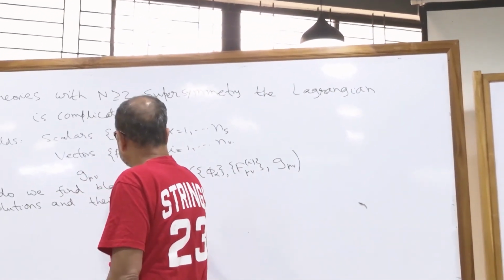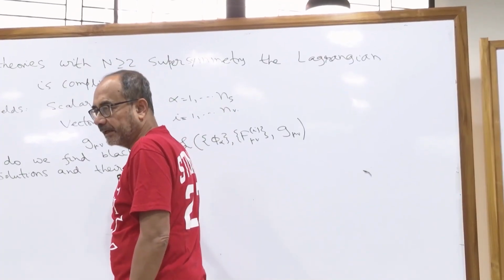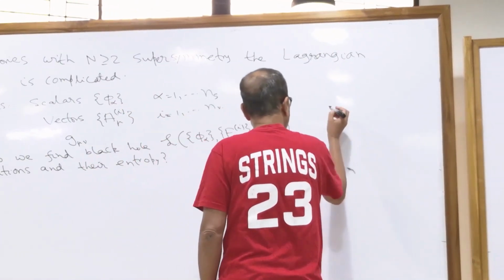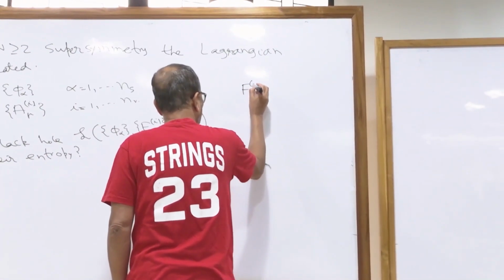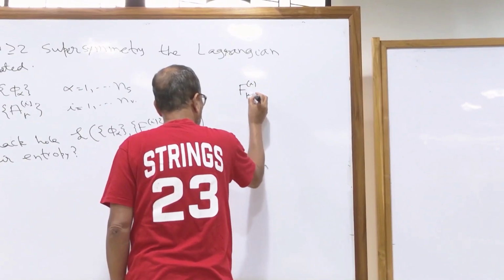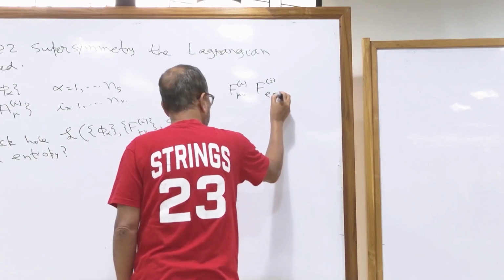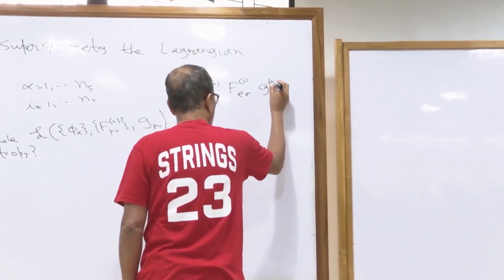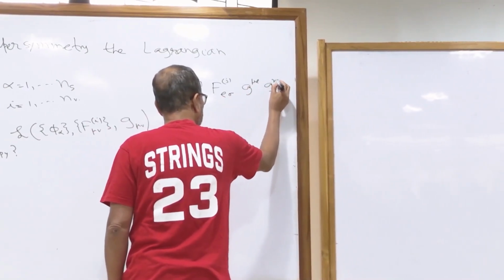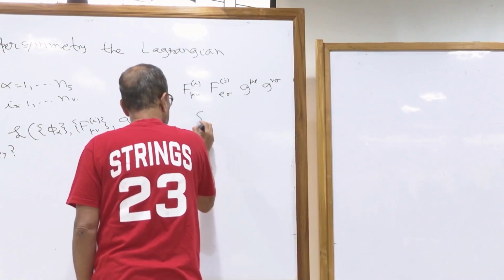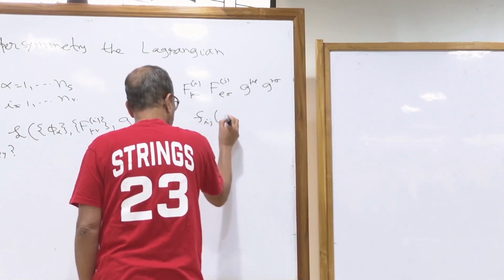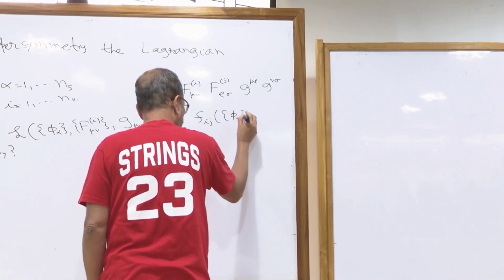Well, there will be couplings between scalars and vectors. For example, the Maxwell fields may have a term like F^i_{mu nu} F^j_{rho sigma} g^{mu rho} g^{nu sigma}, and then some complicated function F_ij of all the phi alphas.